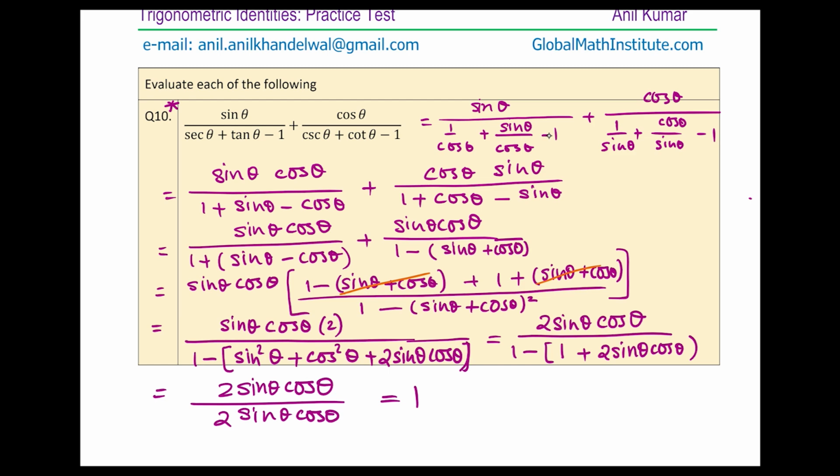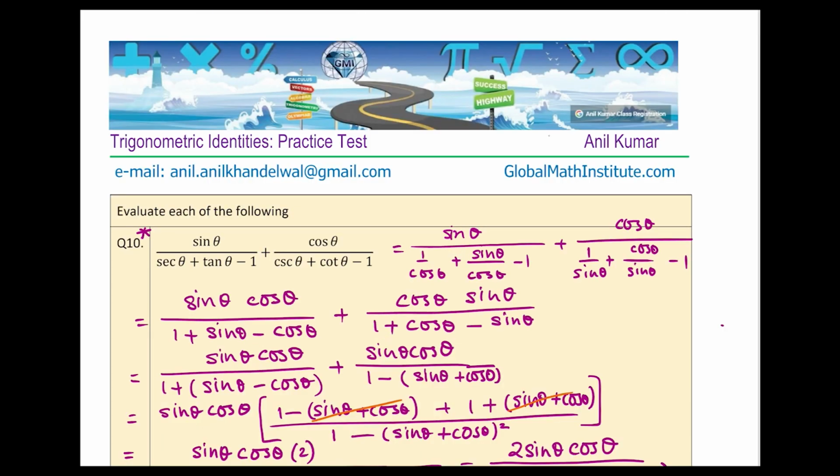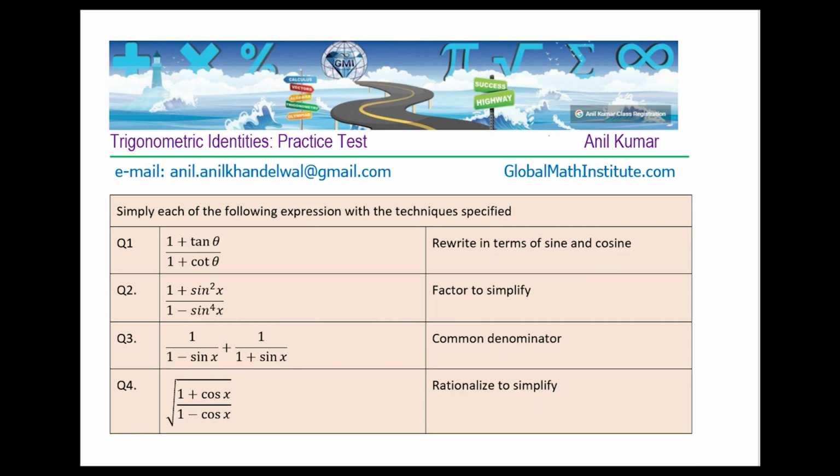These are, I should say, one of the best set of questions on this topic of trigonometric identities. To begin with, we learn how to simplify the expressions using the techniques of writing the secondary ratios in terms of sine and cosine, even tan in terms of sine and cosine.